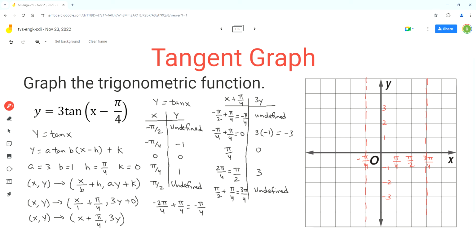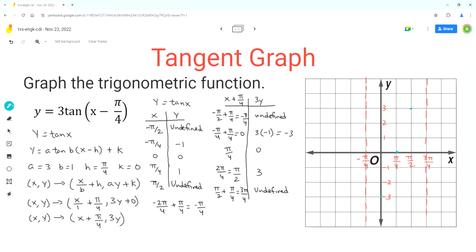Next, we can plot the other 3 points: 0, negative 3, that's here, and then pi over 4, 0, and then pi over 2, 3. Now we can join these points in the form of a curve that approaches positive infinity along the vertical asymptote at x equals 3 pi over 4 and approaches negative infinity along the vertical asymptote at x equals negative pi over 4.